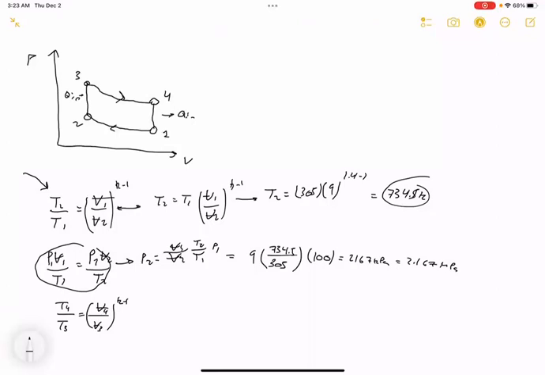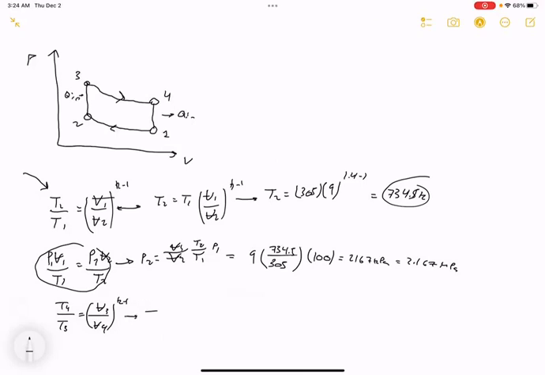We're going to state 2, we're compressing, right? V3 is the same volume as V2, so that's the smaller of the two volumes. Sorry, I inverted something here, it's V3 over V4. So instead of 9, this is actually going to be 1 over 9.